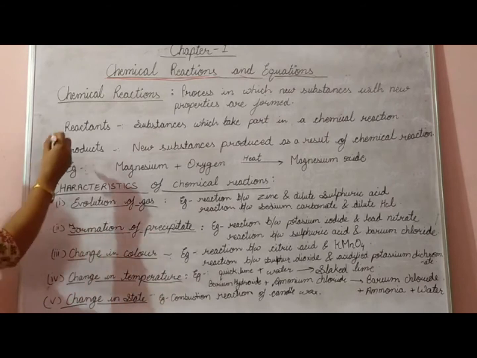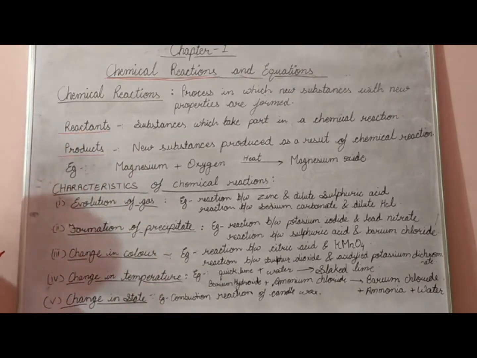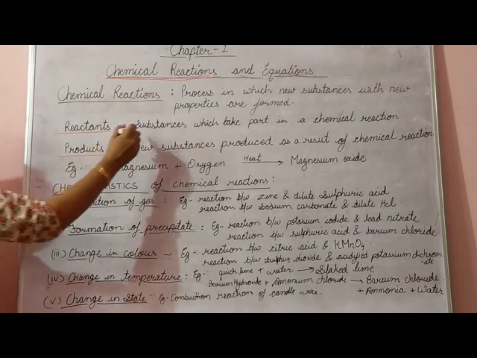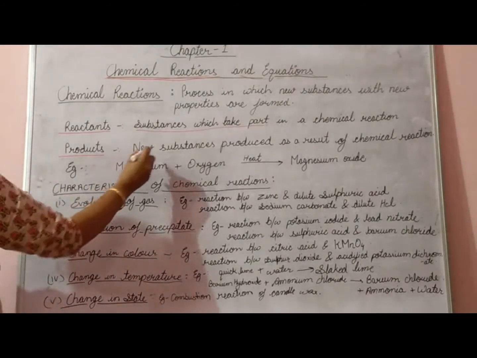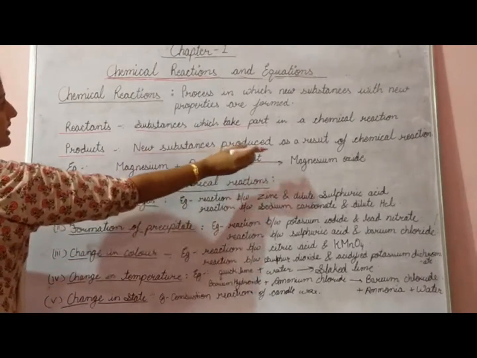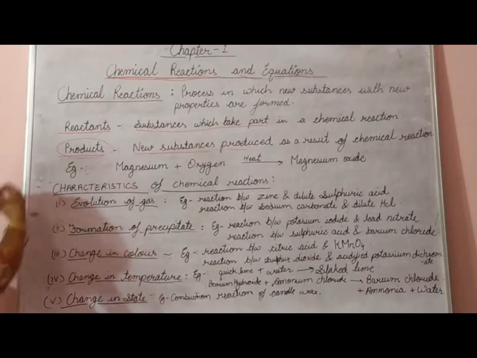In chemical reactions, we usually use two terms, the reactants and the products. Reactants are the substances which take part in a chemical reaction, and the new substances formed as a result of the chemical reaction are known as products. Let's take one example.